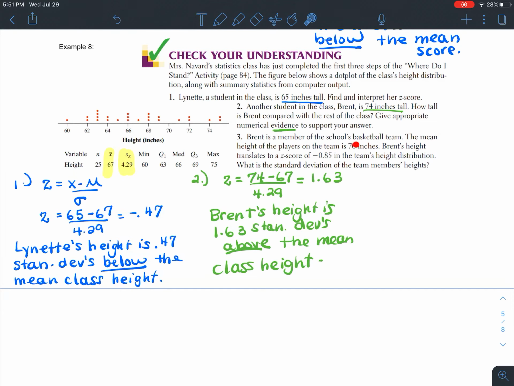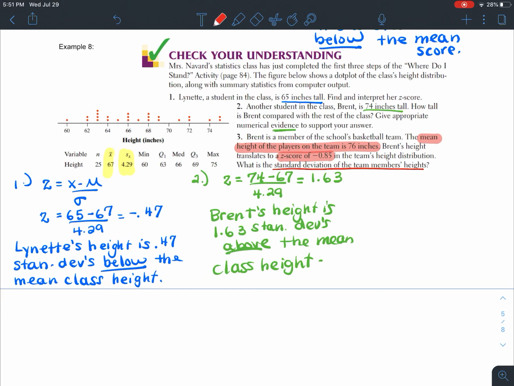Okay, let's look at number 3. Number 3 says Brent is a member of the school's basketball team. Now, this is interesting. The mean height of the players on the team is 76. Brent's height translates to a z-score of negative 0.85 in the team's height distribution. The question: what is the standard deviation of the team members' heights?